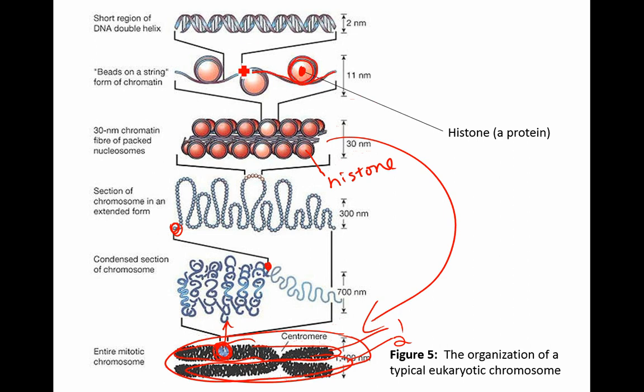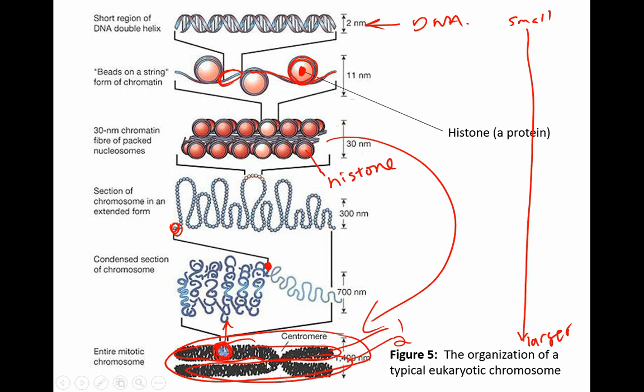That blue stuff, if again you could zoom in on a small segment of it, you would recognize immediately as the double helix of DNA. So ladies and gentlemen, from the super duper small, zooming out to a much larger view, you see how DNA is organized into these chromosomes in a eukaryotic cell.